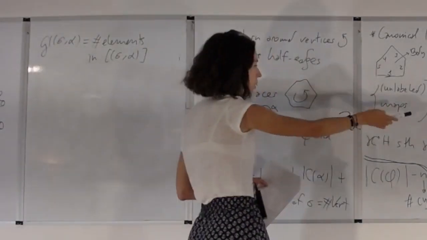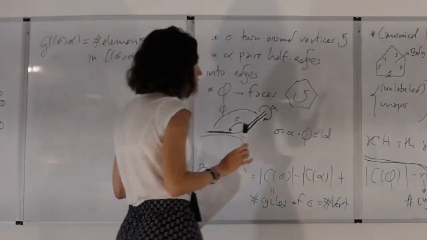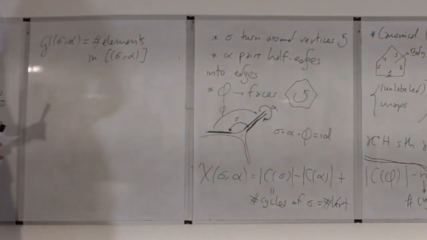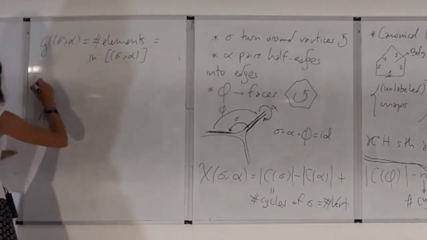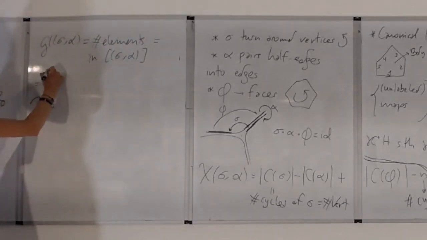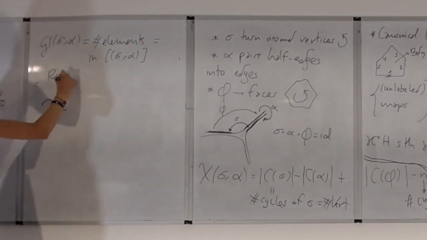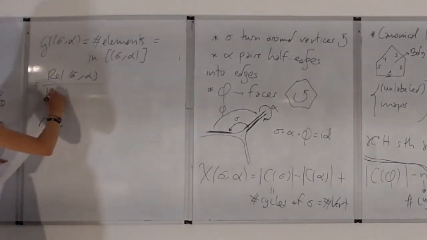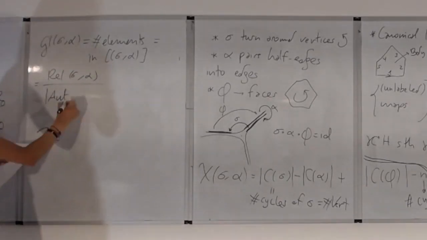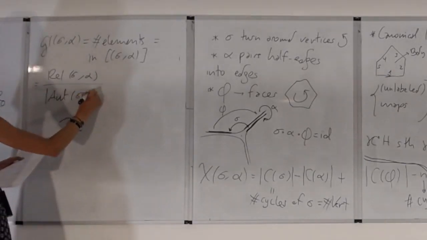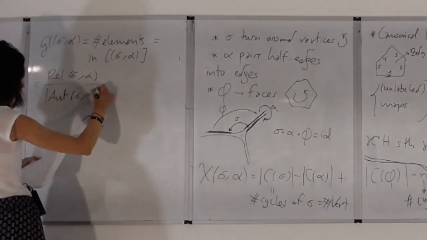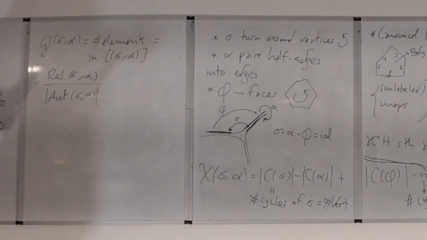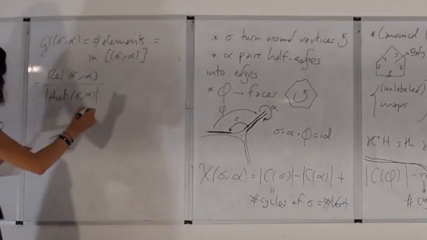The class is in one-to-one correspondence to maps. This is just given by the number of relabelings over the number of automorphisms. And this is just group theory, actually. It's the orbit-stabilizer theorem or something like that. But it's very intuitive.